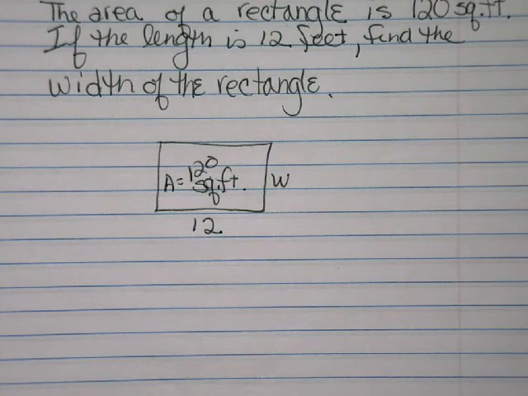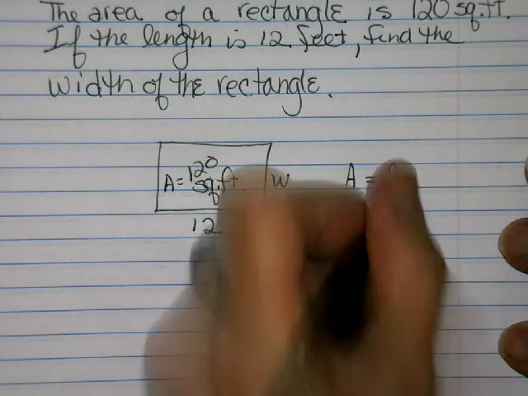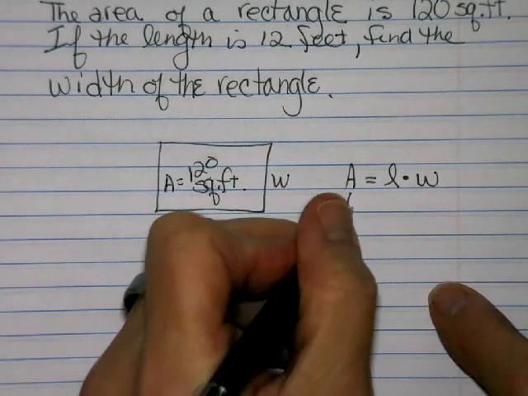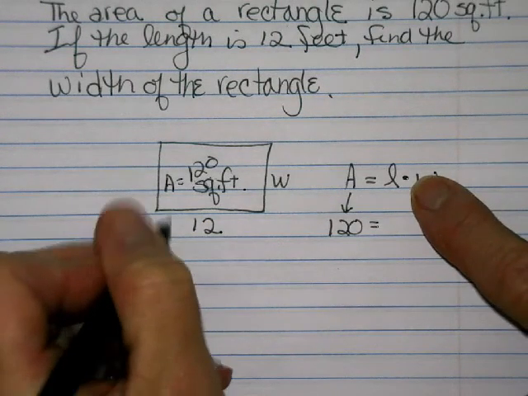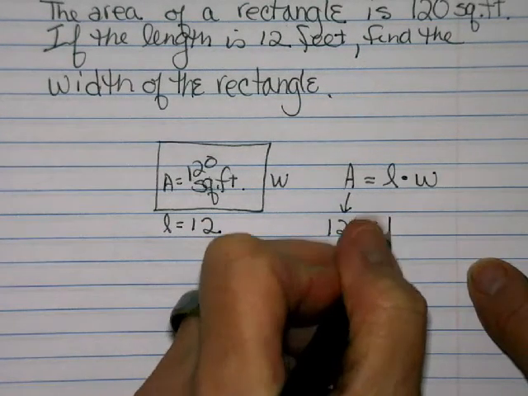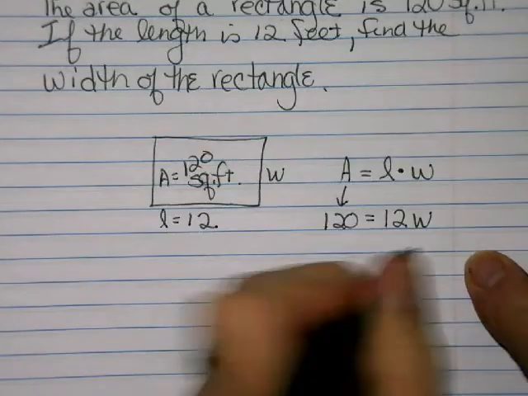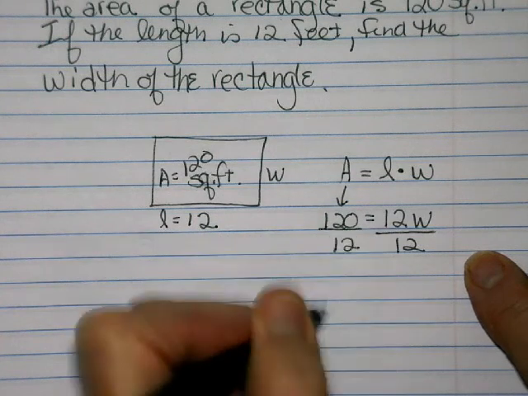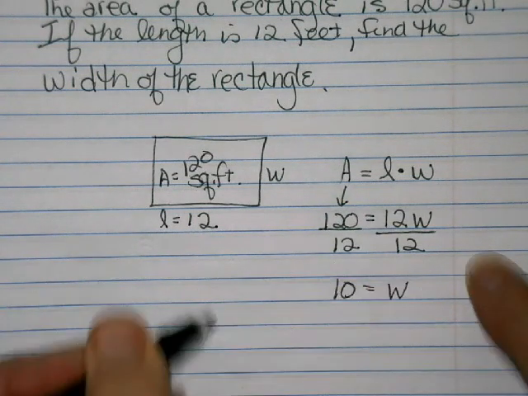The variable, let's use W. What's the area formula? Area equals length times width. So they gave us the area, and then the length, and then the width. So yes, we divide.